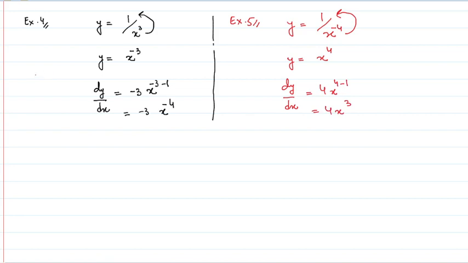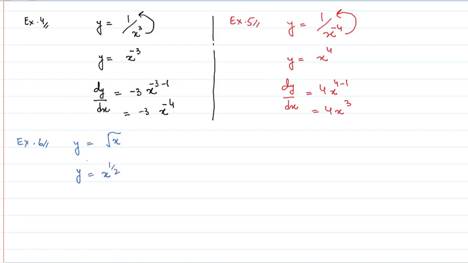Similarly we can take one more example. Suppose example number 6 is y is equal to under root of x. What you will write? Y is equal to x raised power 1 by 2.